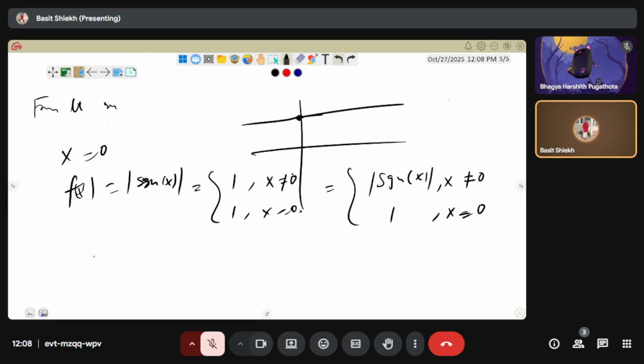It will become f of x, this function. It is again a continuous function.